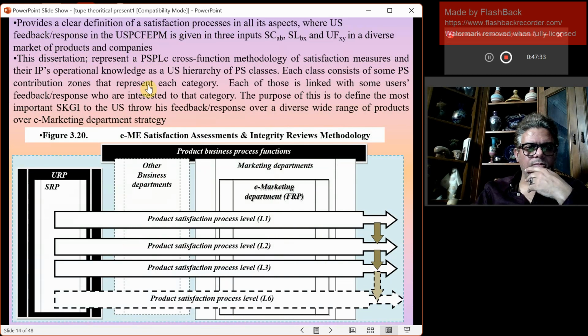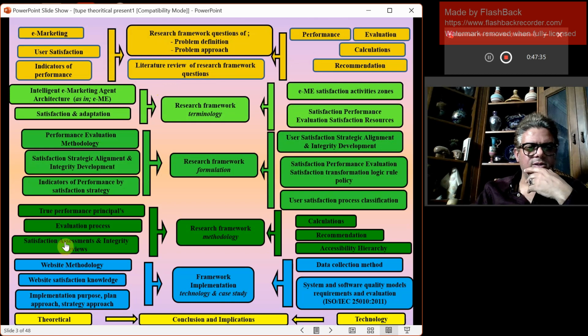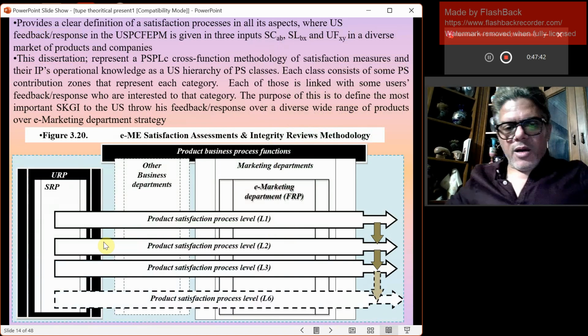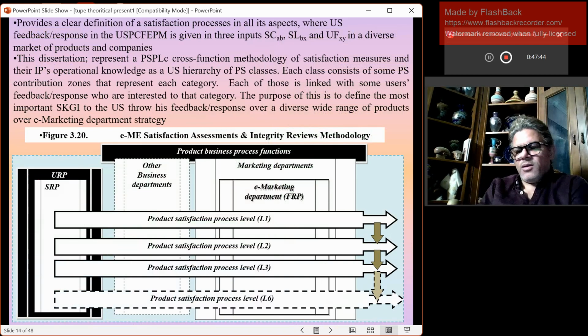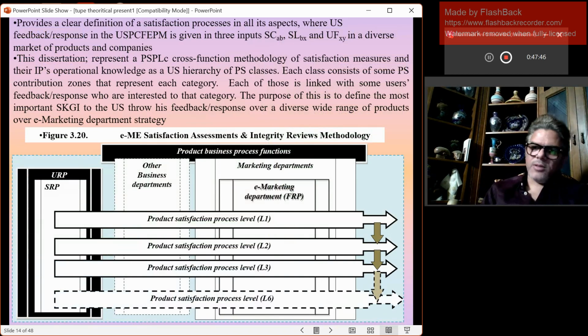Okay. We can talk about this. This is the satisfaction, accessibility, integrity reviews. So now we have a cross disciplinary, through the whole product classification framework, which contains the user and the product business process functions.